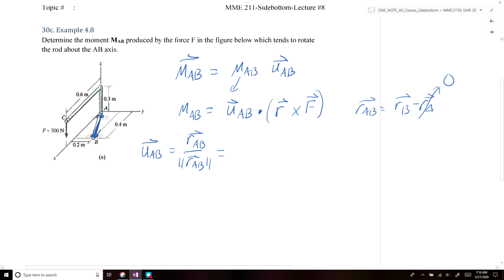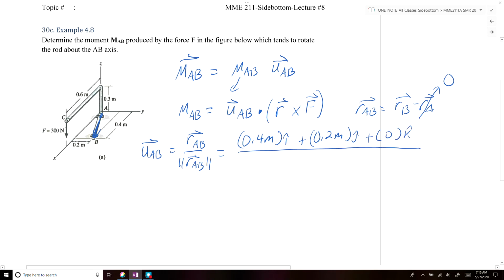So it's just going to be equal to RB, or the coordinates of RB. So point B is at 0.4 meters in X, and positive 0.2 meters in the Y direction, and it has no Z component.